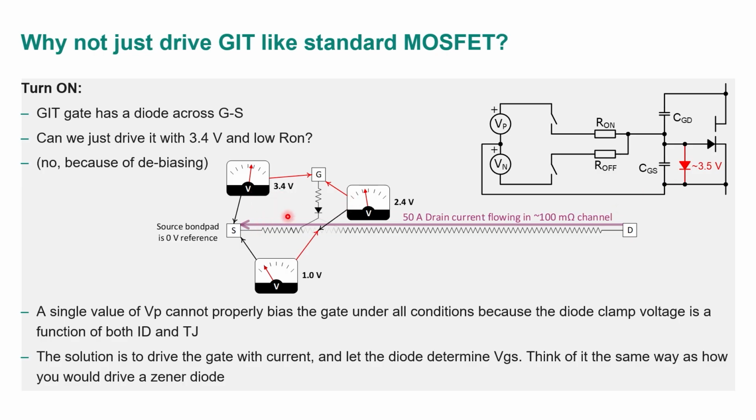What matters is not the voltage between gate and source, but the voltage between the gate and the conducting channel below the gate. This is not necessarily at 0. It depends. If I have drain current flowing here through the channel, this voltage will be some positive value.